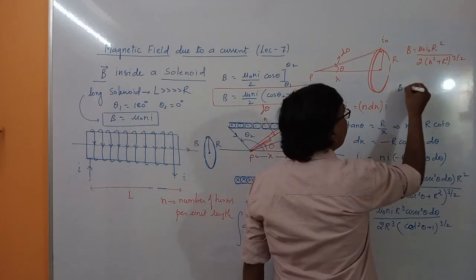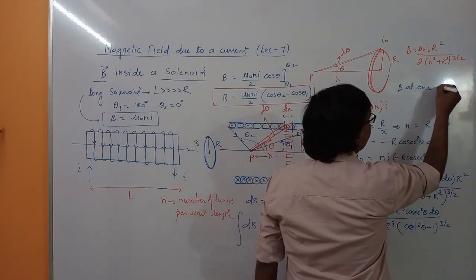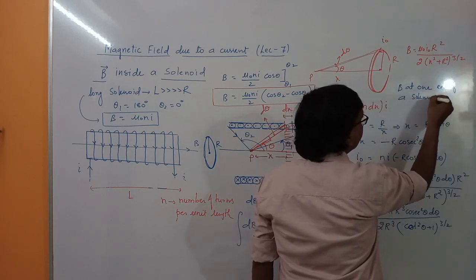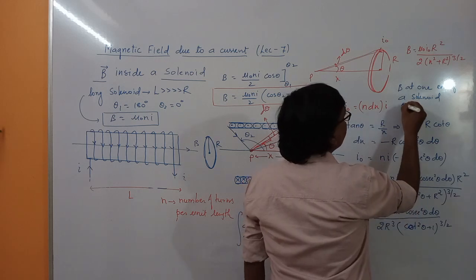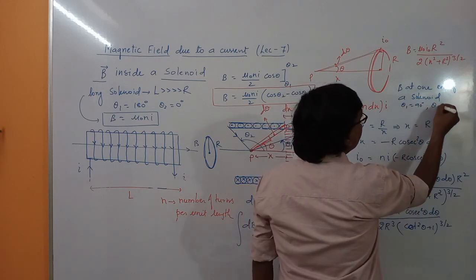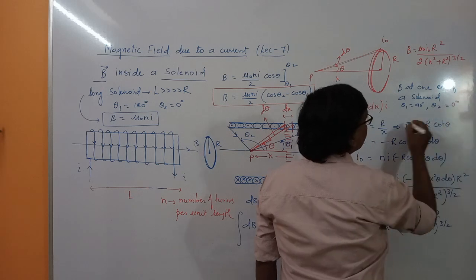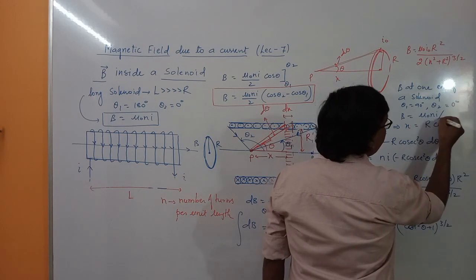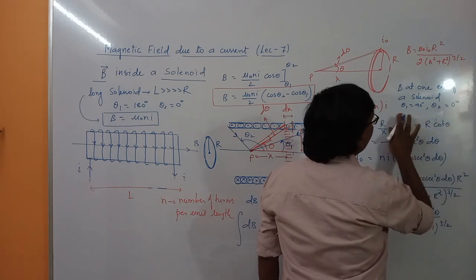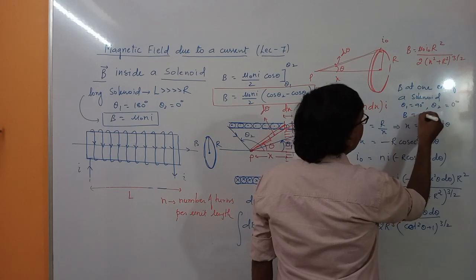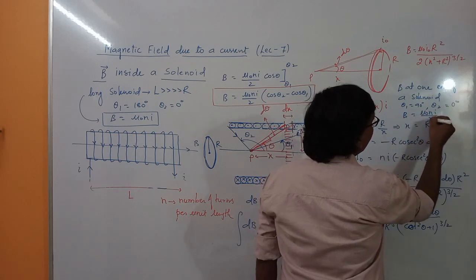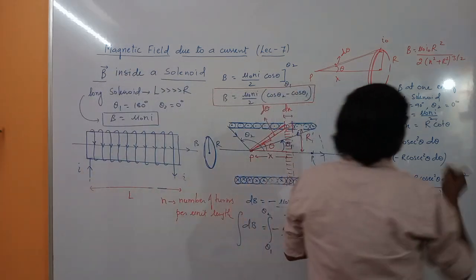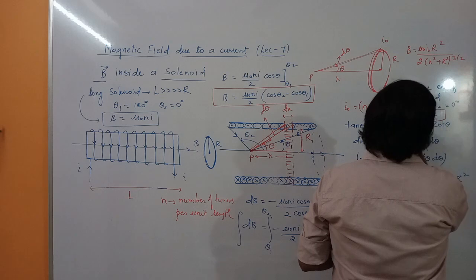So B at one end of a solenoid, with theta 1 90 degrees and theta 2 0 degrees, will be mu naught N I by 2. So B is equal to mu naught N I by 2, half of the magnetic field due to the whole solenoid.